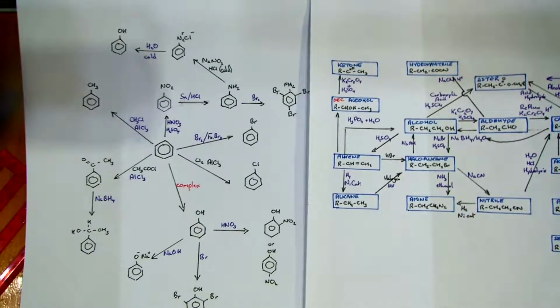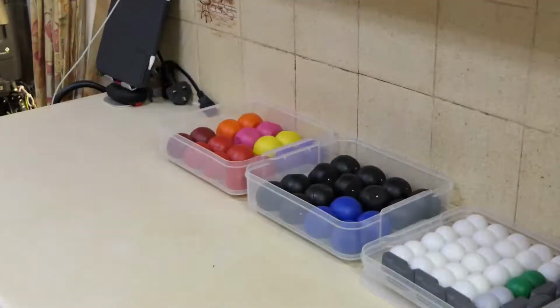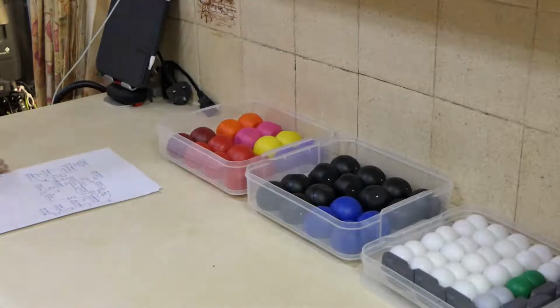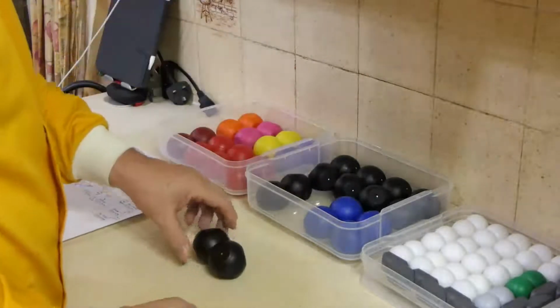Let's go and have a quick little play and see if we could make something like a primary amide from an alcohol. Let's have a look at this. So I want to make a primary amide from an alcohol. So let's start off with my alcohol.